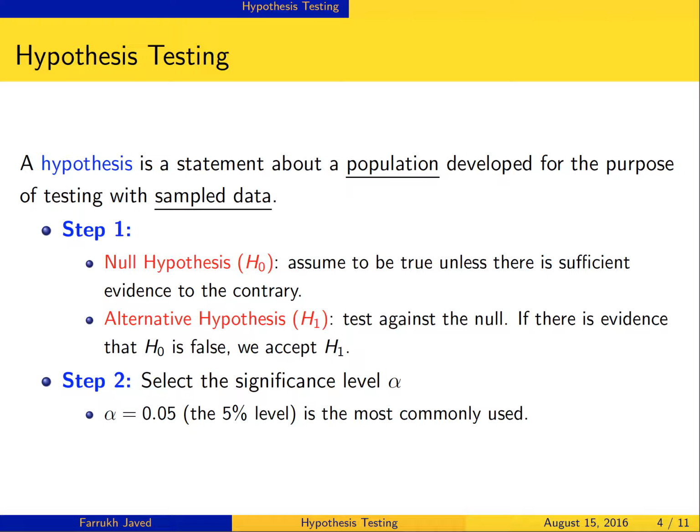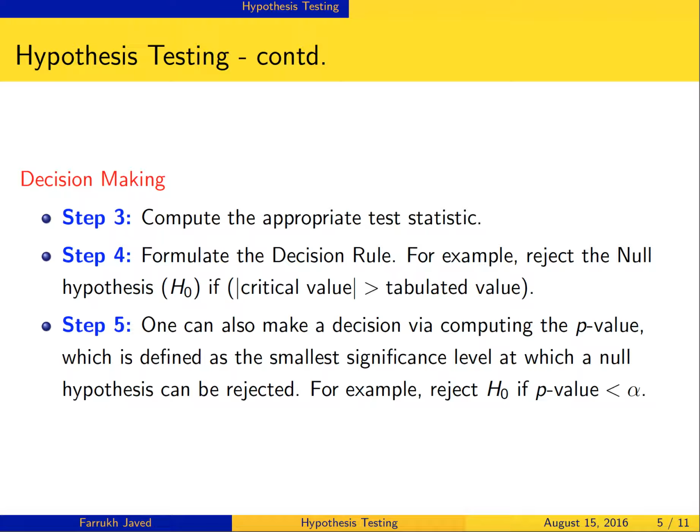Well, I said 5% is a standard criterion. We denote this by the mathematical notation alpha. We say alpha equals 0.05, and it means that I'm 95% confident about my hypothesis, actually, not the test. Then we compute an appropriate test statistic, whether it's a Z or T, and also whether it's about a mean or proportion or difference of means, for instance.